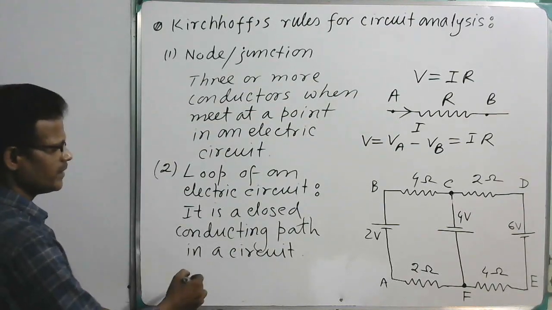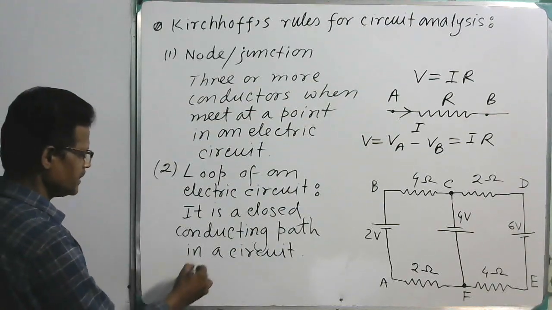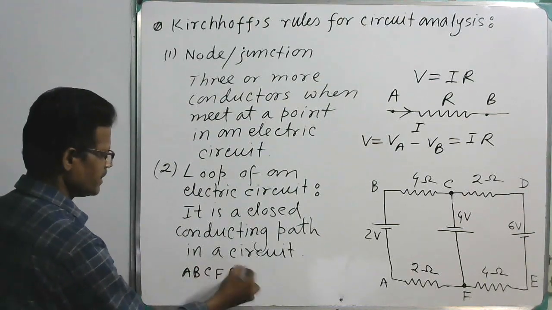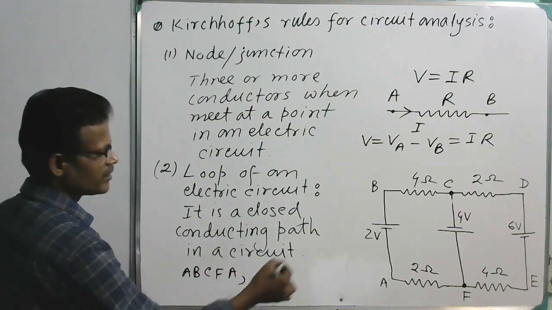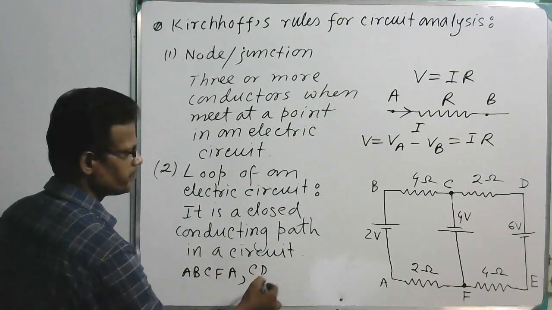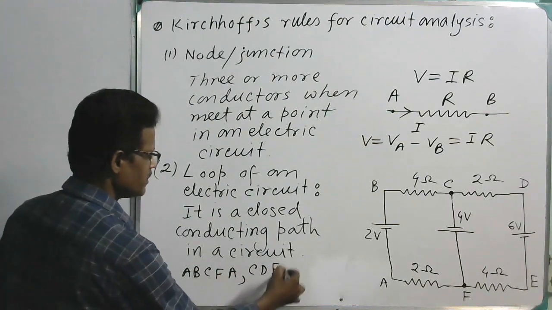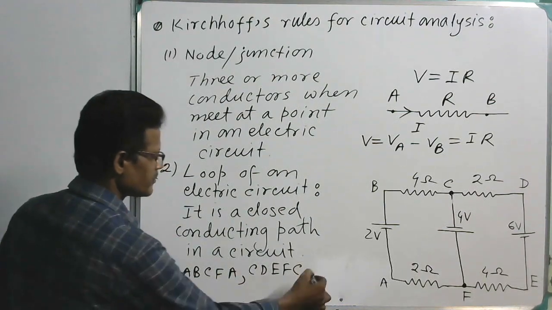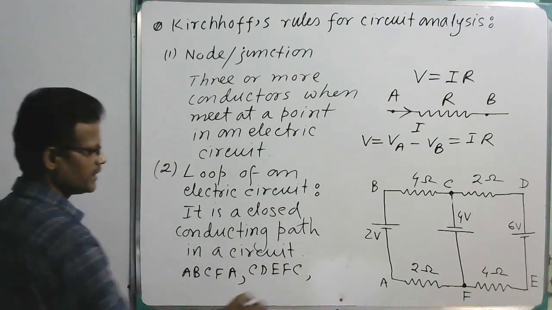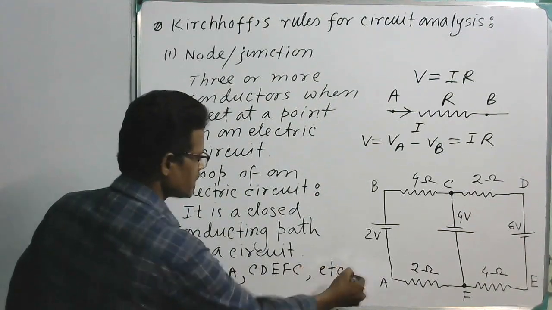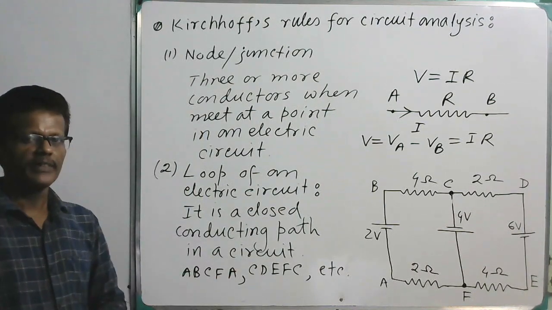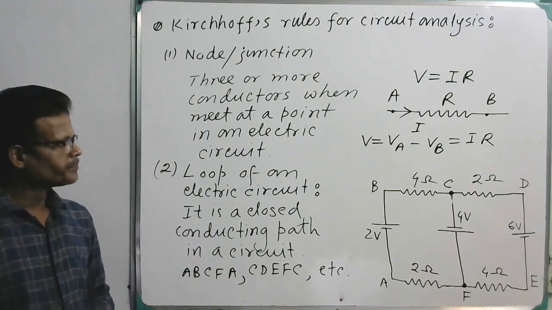Just write down A, B, C, F, A, or C, D, E, F, C, or finally the overall loop. So these are the loops or closed conducting paths of an electric circuit.